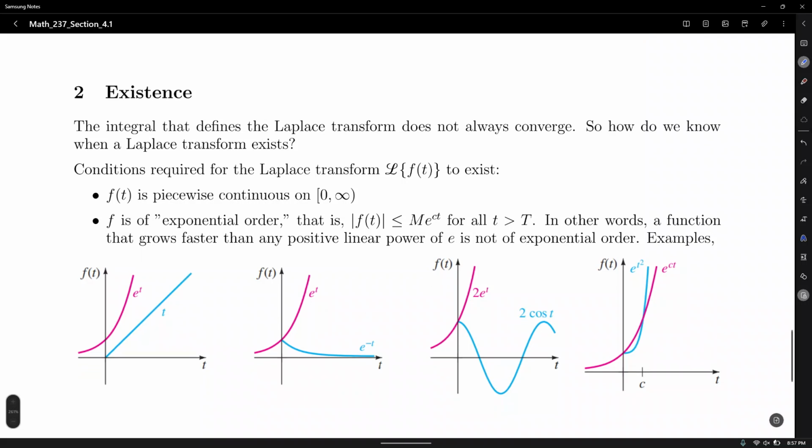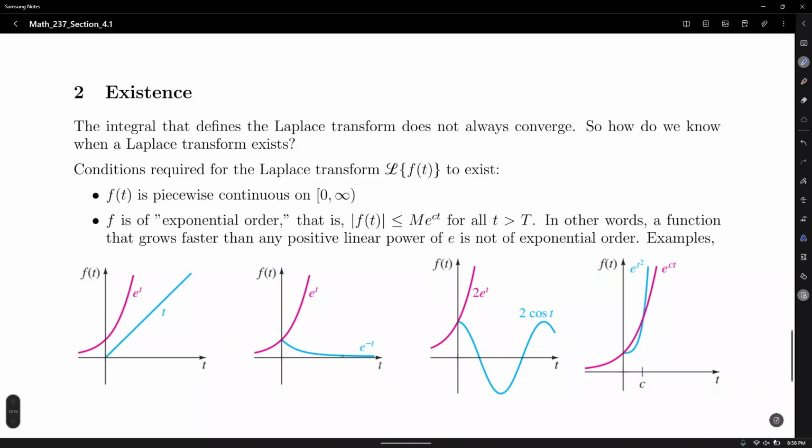Examples right here. Compare the graph of e to the t, which is the exponential function, to the graph of t, which is just a diagonal line. In this case, the exponential function grows faster than the linear function. If it were the other way around, if that function grew faster than the exponential e to the t, then it wouldn't be of exponential order.